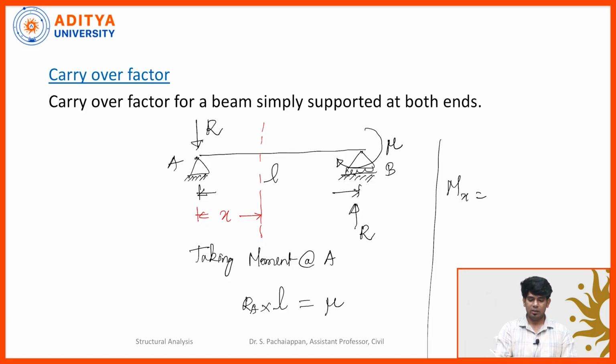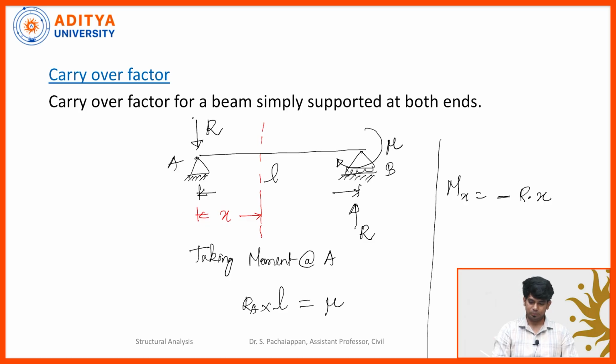There won't be any moment, because in the earlier case a fixed support was there, so moment would be there, but in this case it is simply supported. At support A there won't be any moment, so only this R, acting in a downward direction, multiplied by the linear distance x. Since it acts in a downward direction, I am putting minus of R multiplied by x.